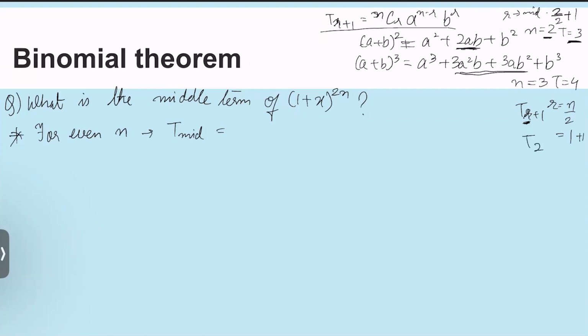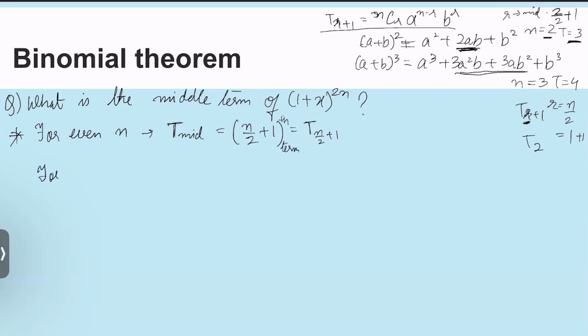So it's the second term. Okay, over here you can see it's the second term. So for even n, the middle term will be the (n by 2 plus 1)th term. Okay, so that means this will be actually T(n/2 + 1), the term.